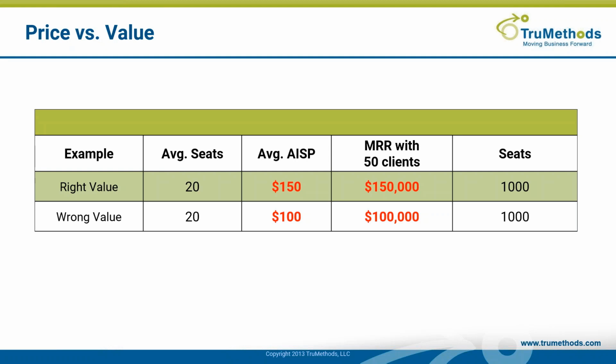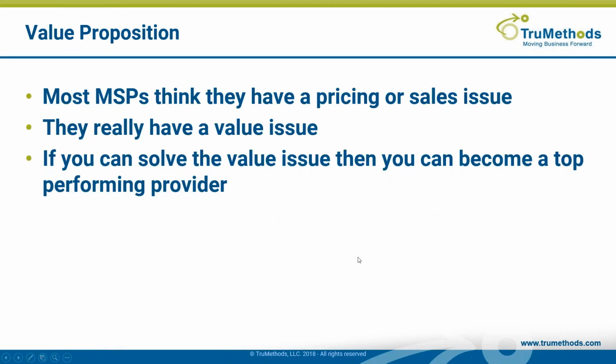So this really tells a story of the difference between average MSPs and the results that they get and the top MSPs. So here's the thing. When we meet people who come into the True Methods training program, most of them think that they have a pricing or a sales issue.